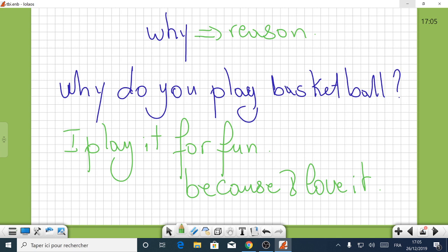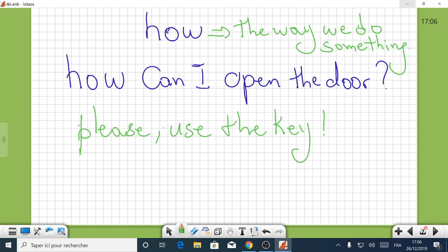I play basketball for fun. I play basketball because I love it. So we use why to ask about the reason for doing something. And we go back and see how, the way we do something. We use how to ask about the way we do something, like how can I open the door? Please use the key. So this is the way we do something.